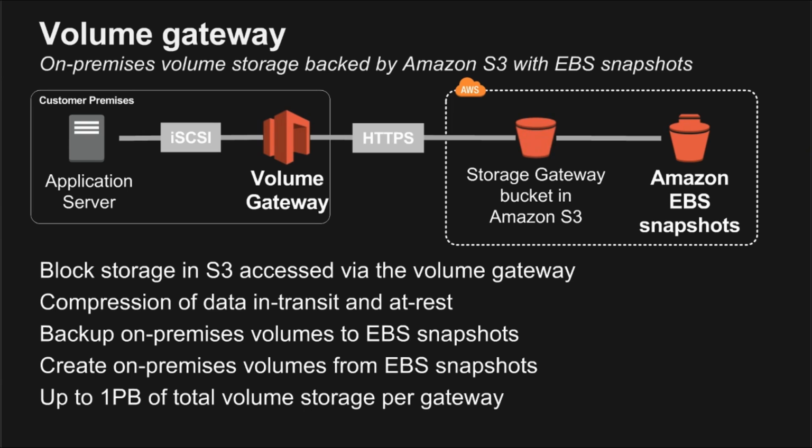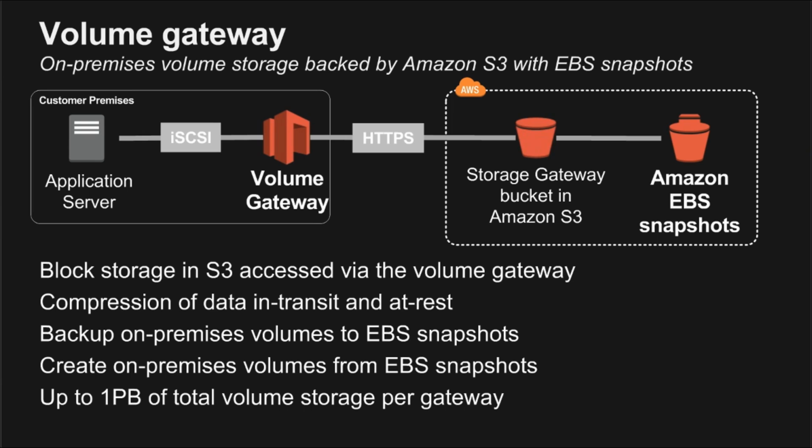So you format the LUN with the file system, you write data to it, the most recent data is stored in the cache on the gateway, and everything gets copied back into S3, and at any point in time you can take a snapshot of that data, and all of that data is stored as an EBS snapshot, and you can do a couple of things with that snapshot.